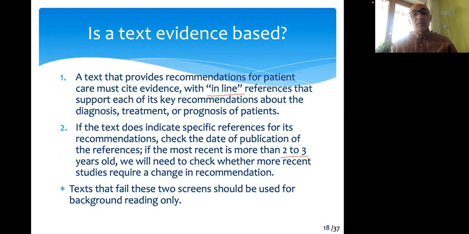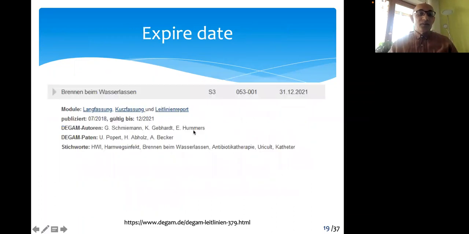Of course, you may not be able to find any evidence within the last 3 years. Then you are forced, you are obliged. You don't have any other option other than looking for older references, literature.